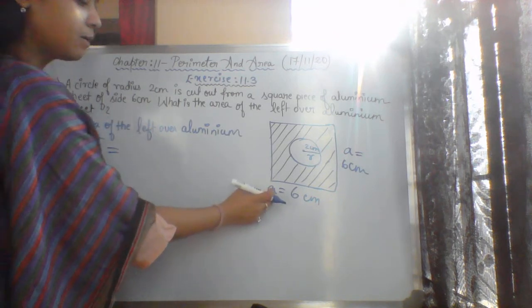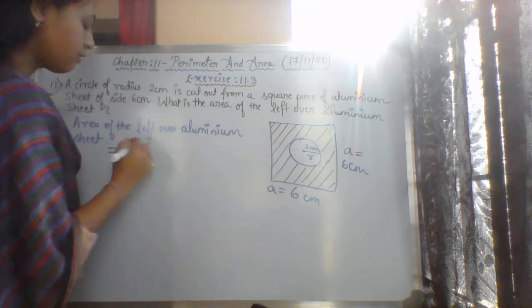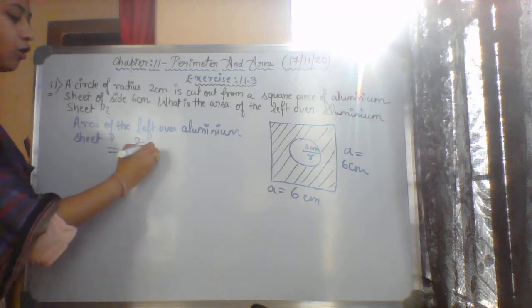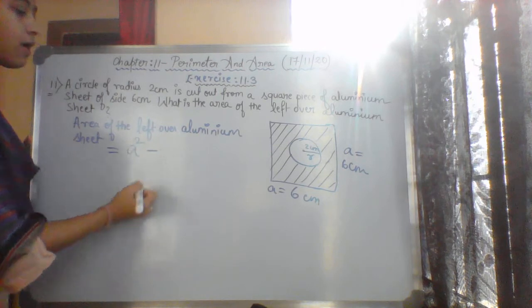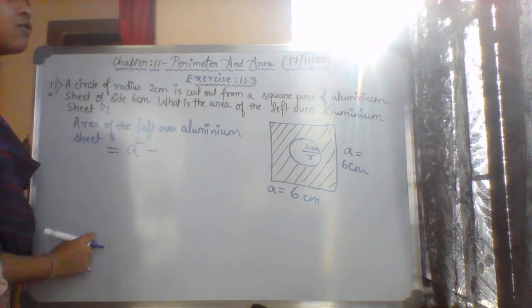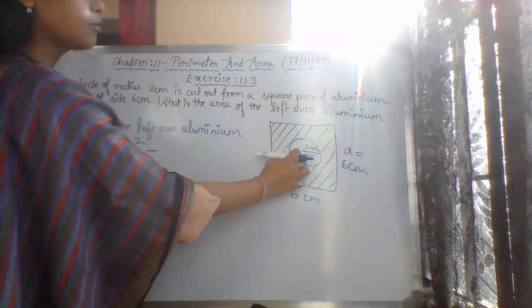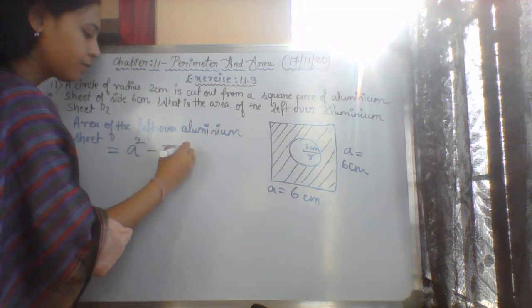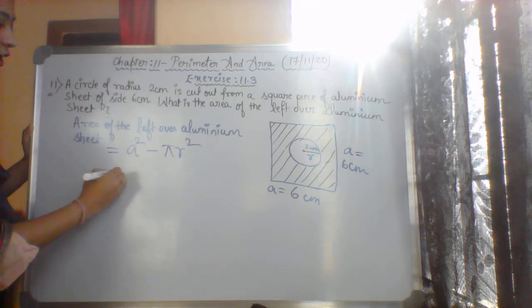Here I have represented side as A, so the formula is A square. From this total area of the square I am going to subtract the circle area. What is the area of the circle? If the radius is denoted with small r, it is pi r square.